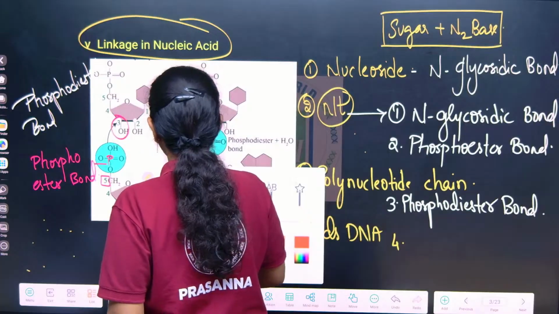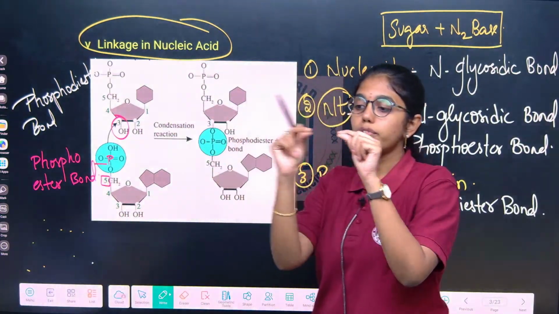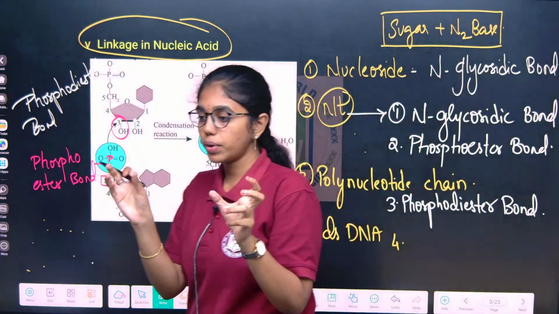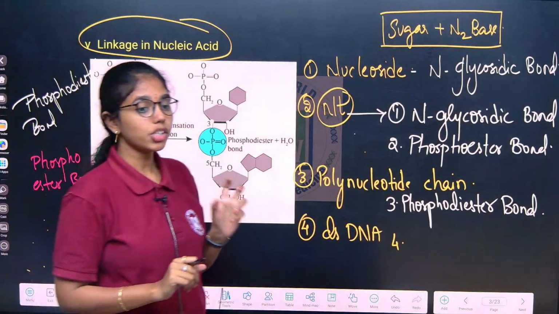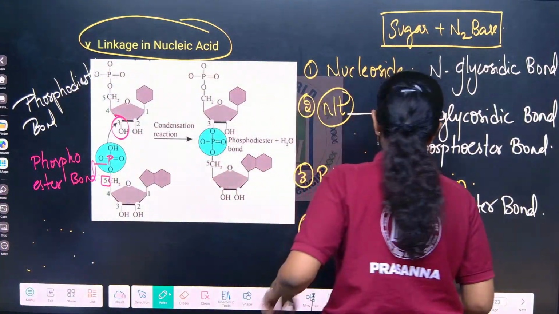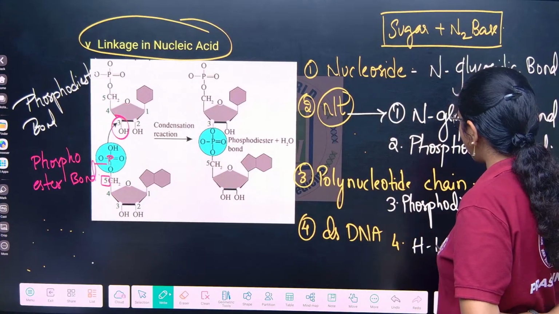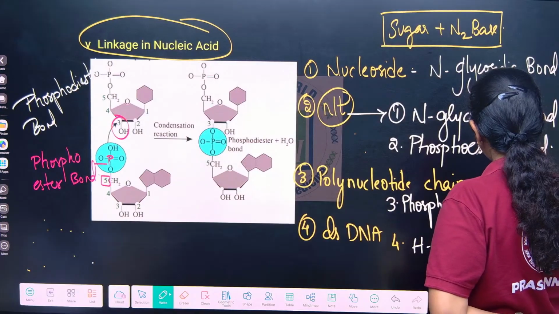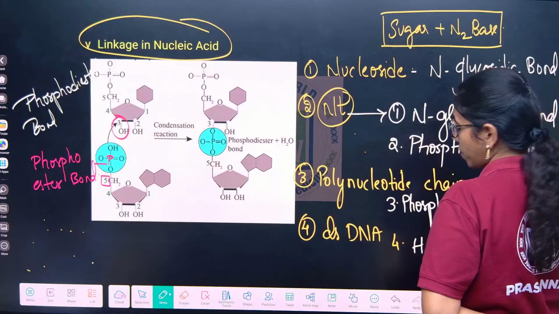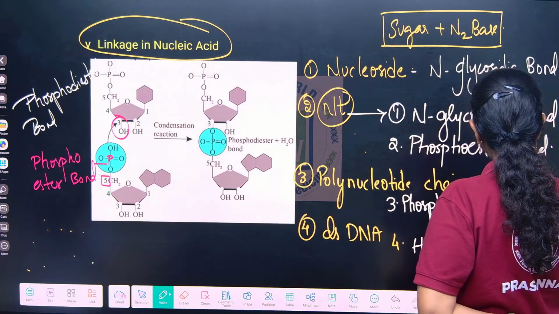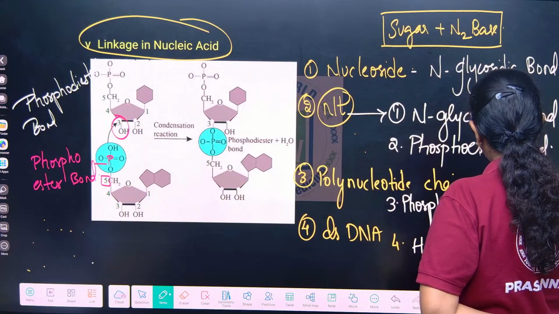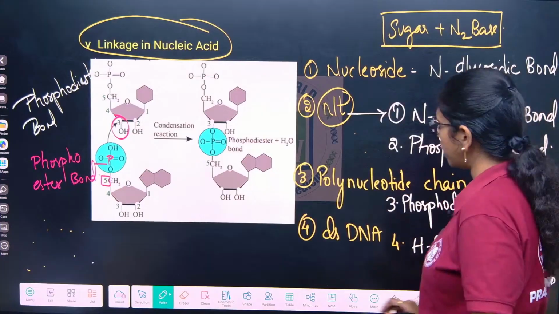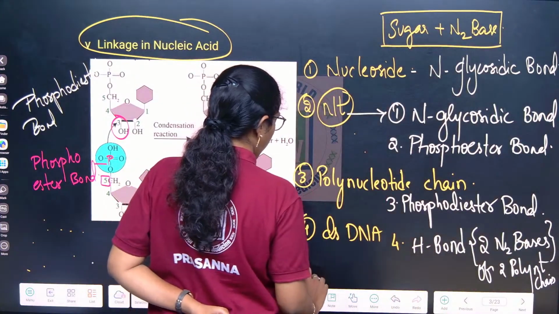Hydrogen bond is formed between the nitrogen bases of 2 polynucleotide chains. As you said, it will be between purine and pyrimidine.